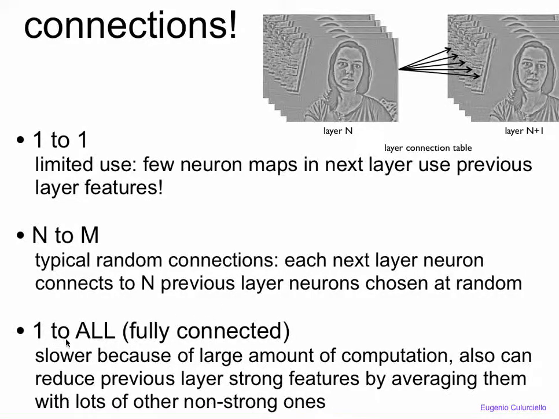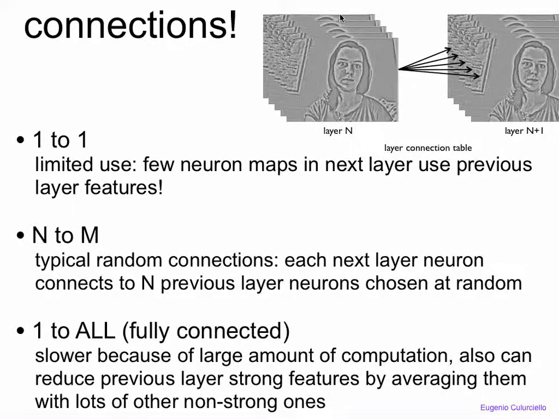You could also do fully connected layers, so every one of these maps is connected to all the other ones. This is usually slower because of the large amount of computation you have to do, since you have to add each one of them to compute each of the other maps. But you can also reduce previous layer features by averaging them.